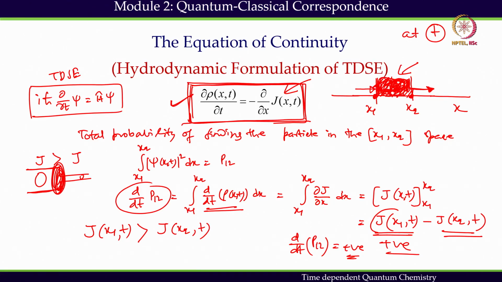So if the velocity with which probability enters the space is higher than the velocity with which it exits, then in this regime there will be a development of the probability density, like the development of liquid. Probability density has a very close resemblance to a liquid, and that is why it is called the hydrodynamic formulation of TDSE.